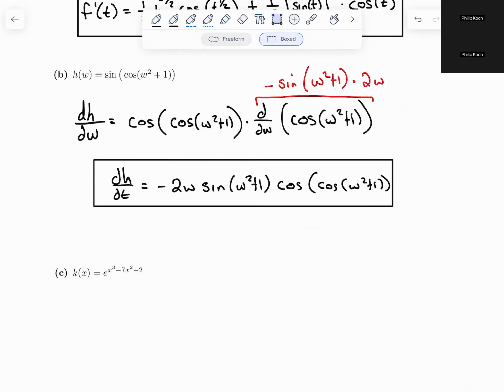All right. Next one is an e function. The e is the outer function because the inside is this. We can even highlight it if we'd like and say this is the inside function.